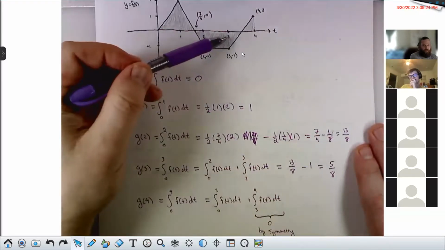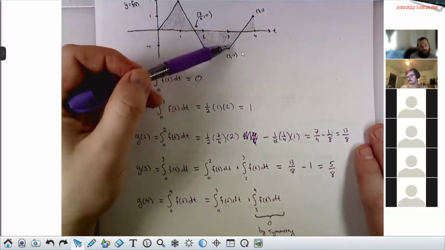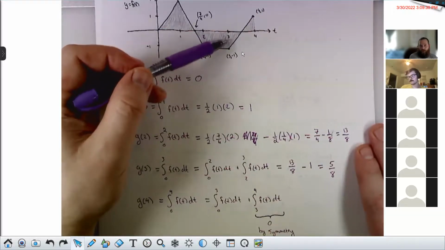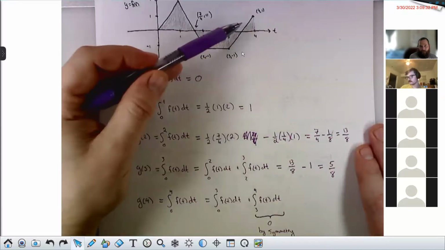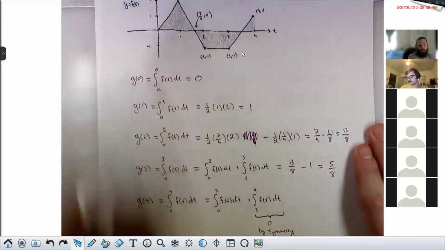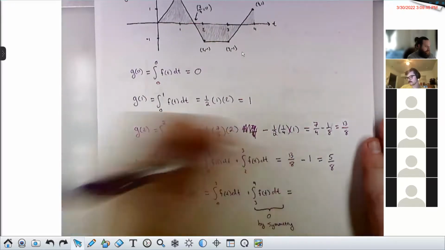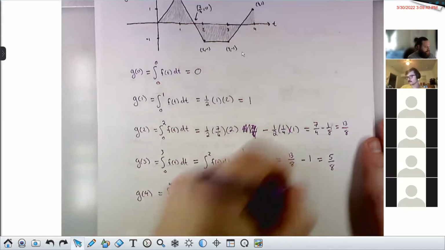The stuff down here would be measured as negative, right? This would be negative 1/4. And the stuff up here would be measured as positive. This would be positive 1/4. So they'll cancel out perfectly. So this is actually going to be the same as the guy that we had from the previous part, 5/8.